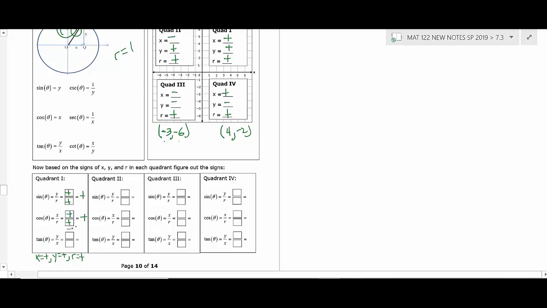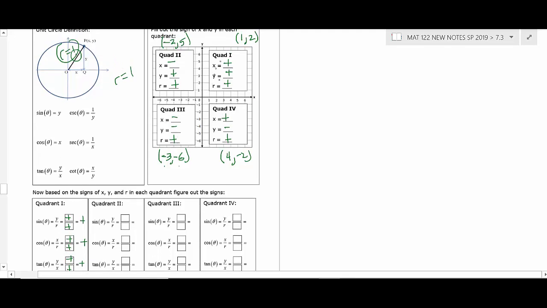The tangent, both y and x are positive in quadrant 1, so you get a positive value. So if you're in quadrant 1, all of your trig functions, sine, cosine, tangent, and the reciprocal values, take on positive values because x, y, and r are all positive numbers. So that's how we figure that out.